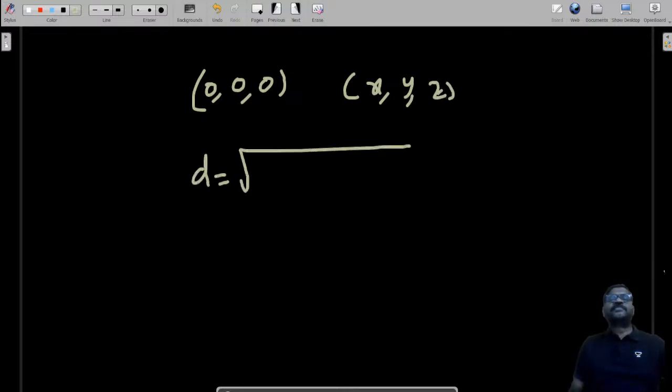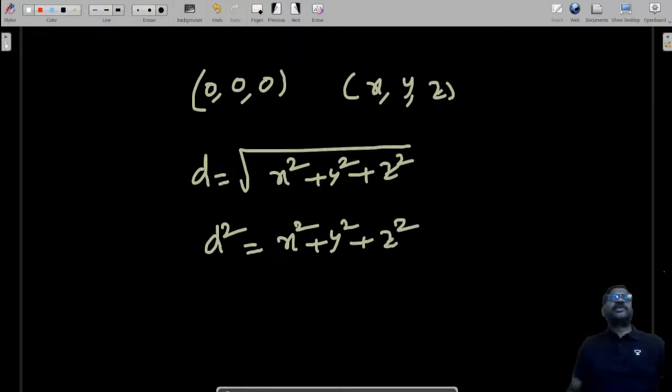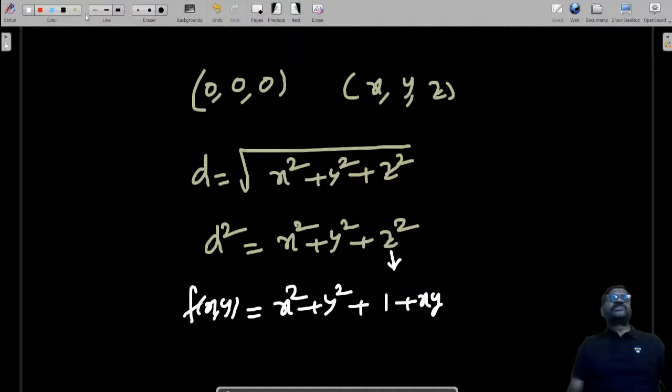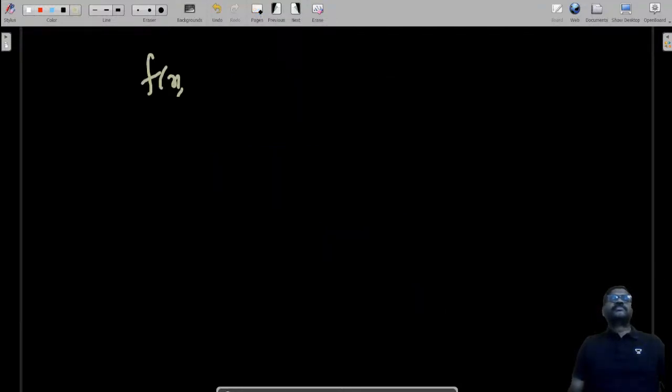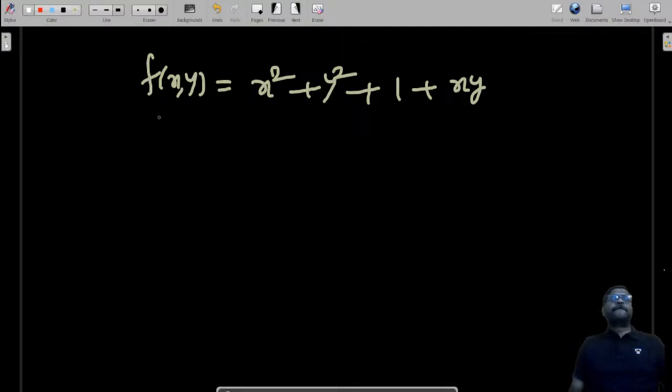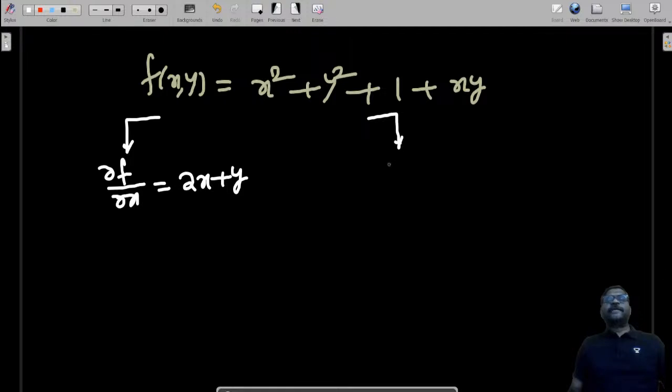Now the distance d is √((x - 0)² + (y - 0)² + z²). d² is x² + y² + z², where z² is 1 + xy. f(x, y) is x² + y² + 1 + xy. ∂f/∂x is 2x + y. ∂f/∂y is 2y + x.